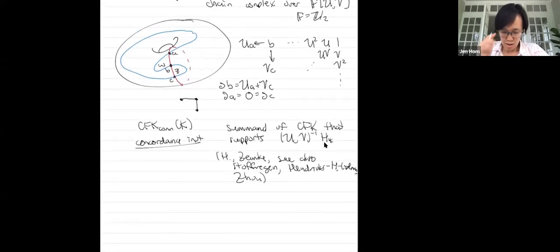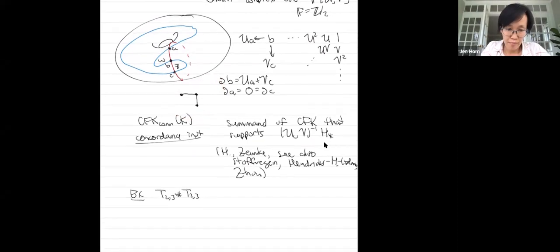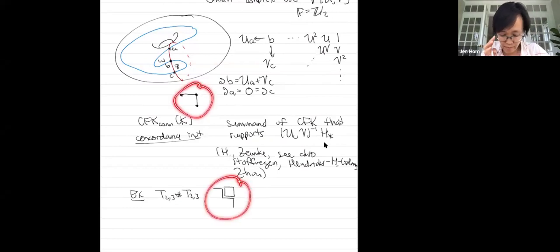So you have this concordance invariant, and you can see it in terms of these pictures. Let me give you some examples. Let's consider the trefoil itself. The knot Floer complex looks like this, the analog of this picture.